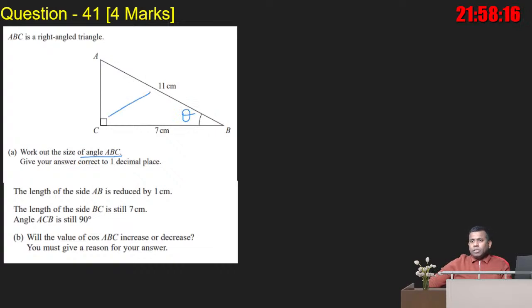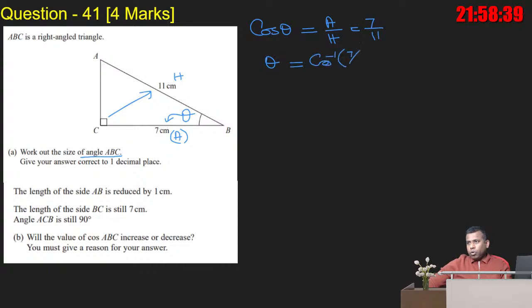Theta, 90 degrees, opposite is the hypotenuse, and this one is going to be the adjacent. So adjacent over hypotenuse is cos theta. So cos theta is 7 over 11. So theta equals cos inverse of 7 over 11. We will find out the answer in a minute.